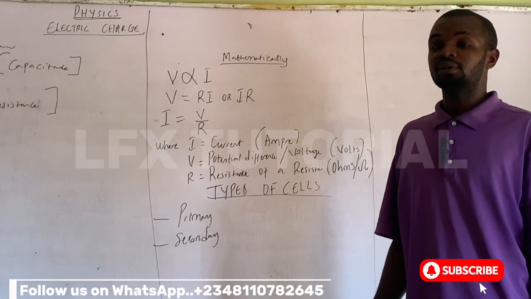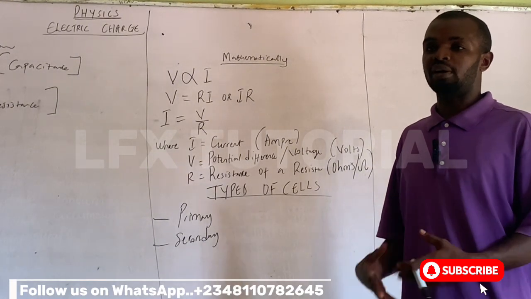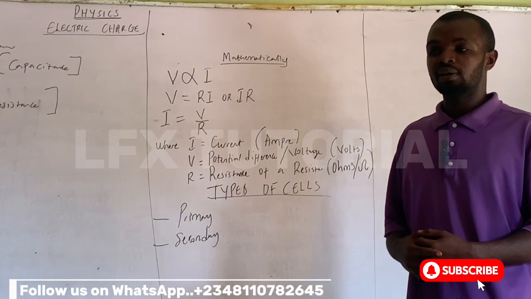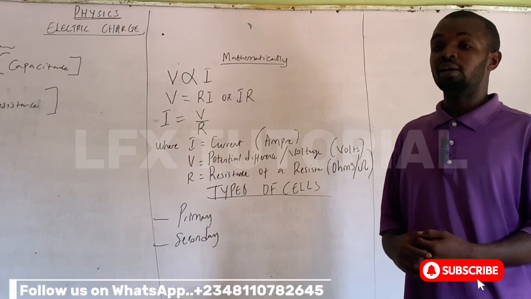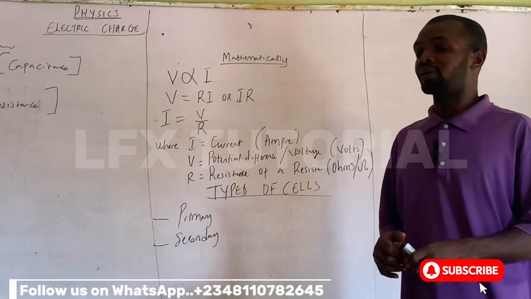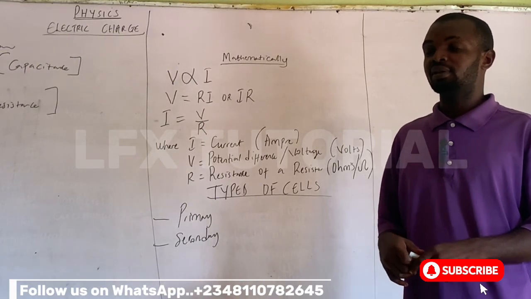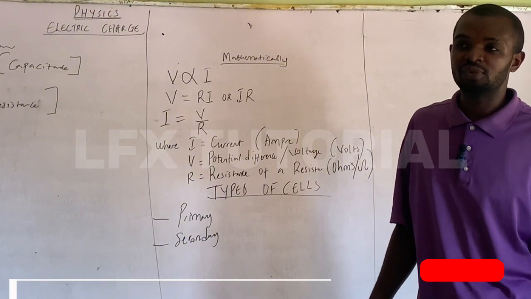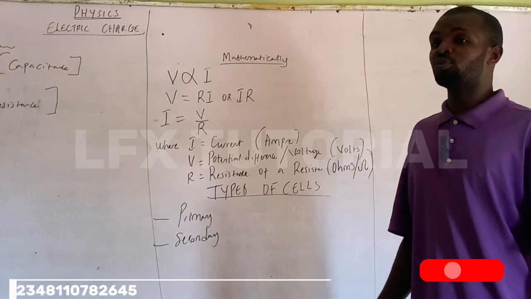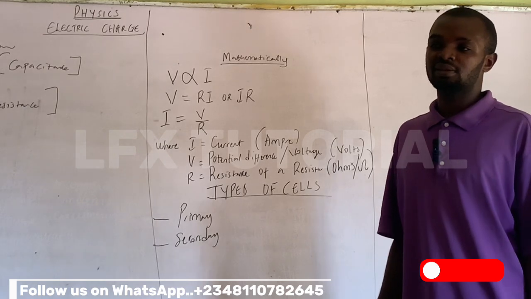Physical and chemical. Which one is physical? Which one is chemical? Physical change can be reversible, and no new substances are formed. What about chemical? It is not easily reversible. It can be reversed, but you can't do it like that.